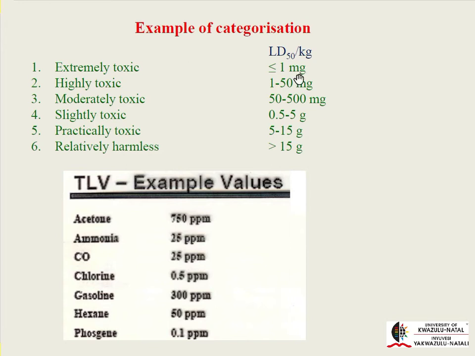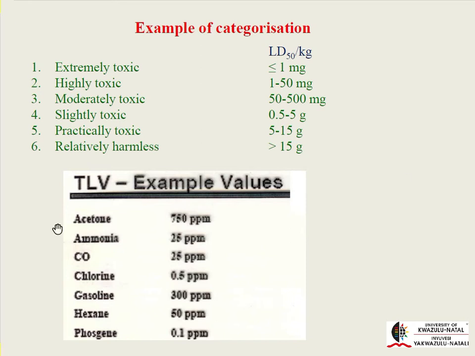So for a 70 kg adult, if you're exposed to even less than 70 milligrams of this, it will have adverse effects. That's what's considered extremely toxic. Then highly toxic is 1 to 50 milligrams, then moderately toxic, slightly toxic, etc. Relatively harmless is if you're exposed to something greater than 15 grams and it's not causing any effect.